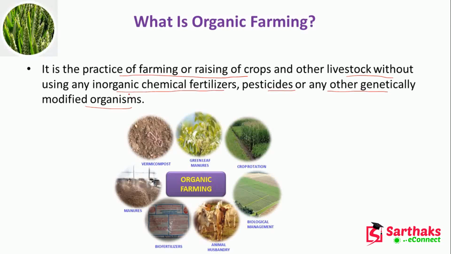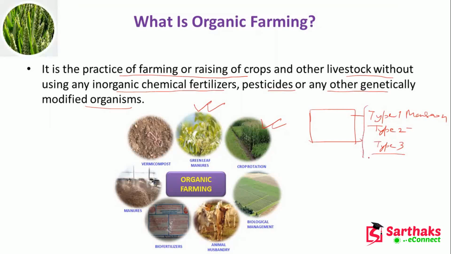Without these, we are going to cultivate, and that is organic farming. In organic farming, we are using green leaf manures and crop rotation. That means in the same field, suppose one crop you are growing for the monsoon season, next season a second type of crop you are growing, then a third type in the same field.